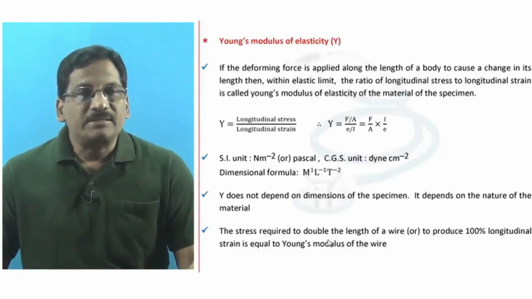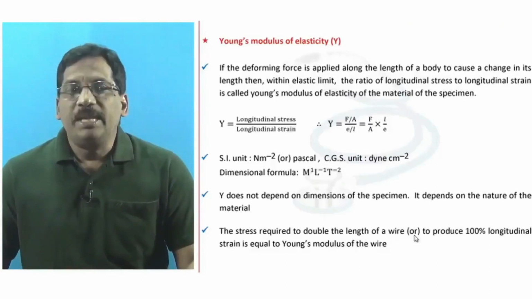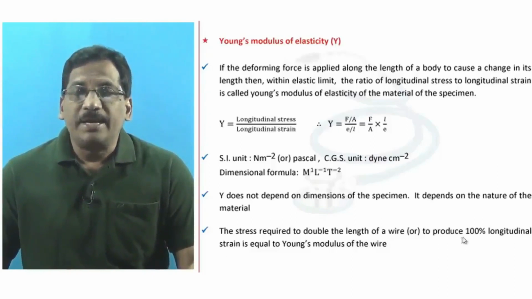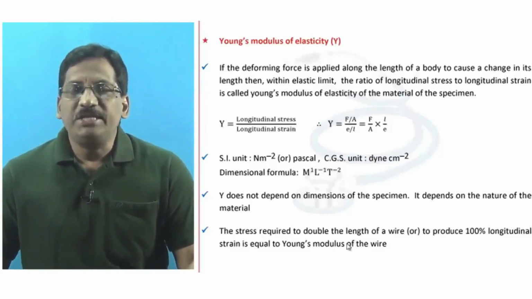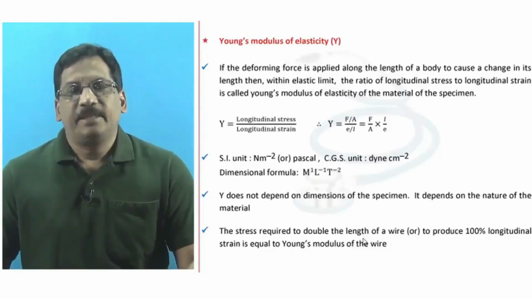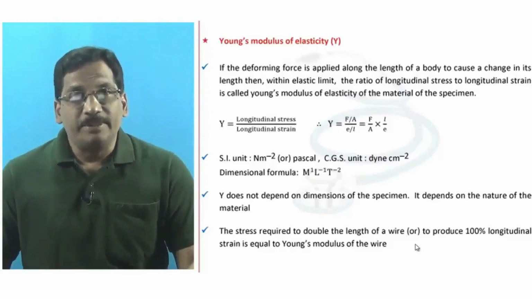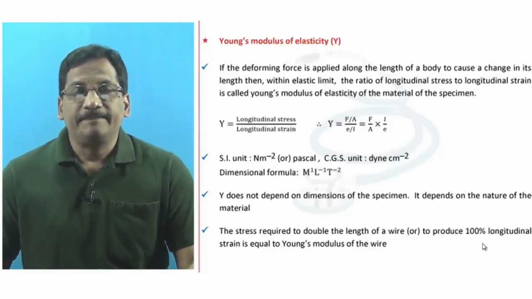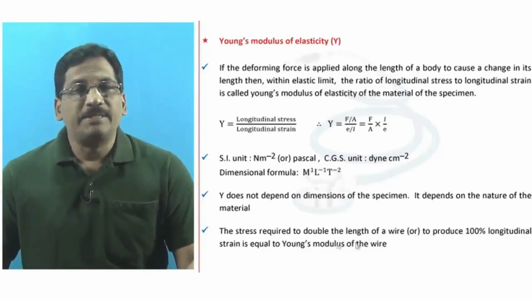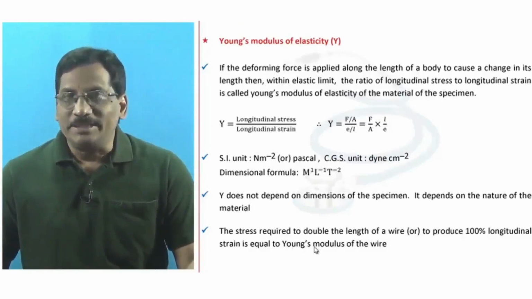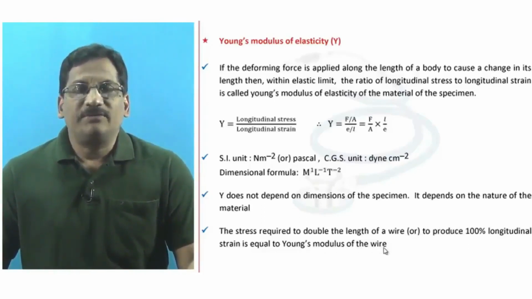The stress to double the length of a wire, that is to produce 100% strain. Doubling the length means change in length equal to original length. It means the length of the wire is doubled, that is increased by 100%. So the stress that is set or that is produced to double the length of wire or to produce 100% longitudinal strain is equal to Young's modulus of the material of the wire.